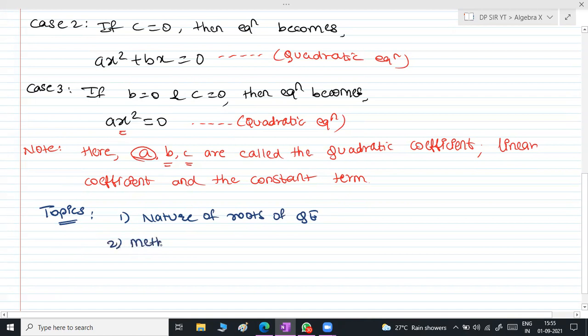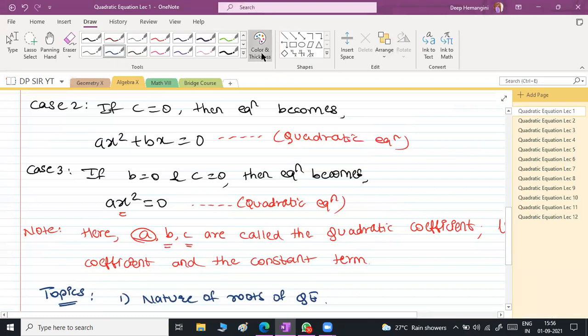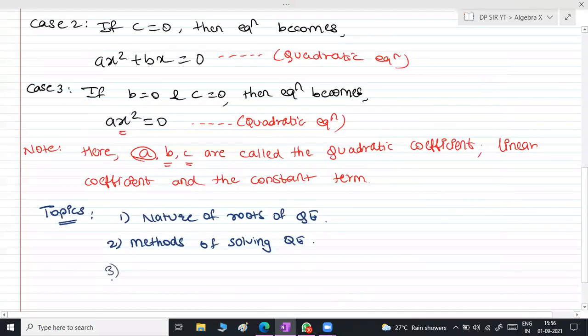Then there are various methods we are going to come across, methods of solving quadratic equations. Thirdly, we are going to study the relation between roots and coefficients.